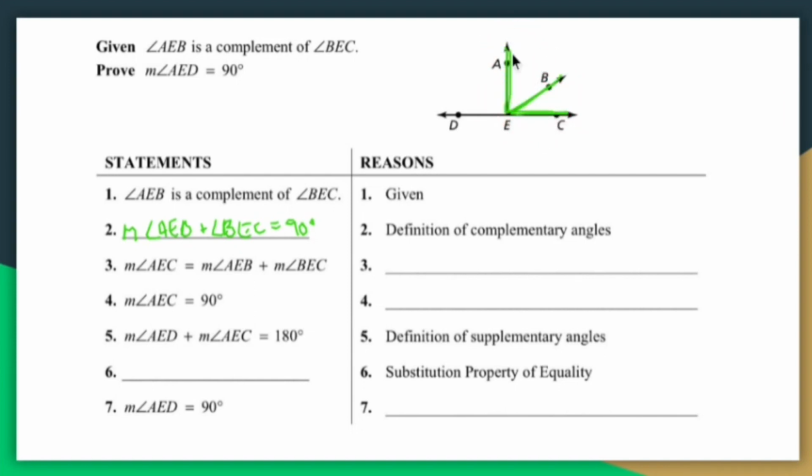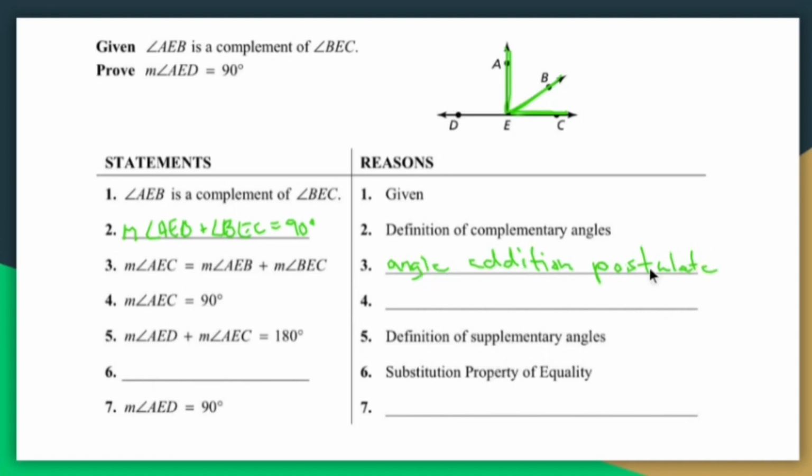Well, whenever we add two angles together, the reason why we're allowed to add those angles together is because of the angle addition postulate. In a previous video, you saw me do segment addition postulate, and then I said later we're going to do angle addition postulate. Well, here we are later. I hope you're watching all the videos, otherwise none of this made sense.